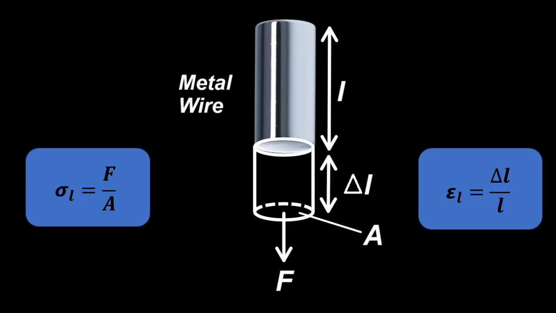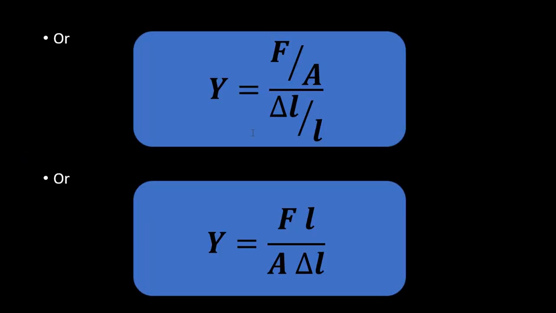So here Young's modulus is basically longitudinal stress divided by longitudinal strain. F by A divided by delta L by L. So it becomes FL by A delta L.